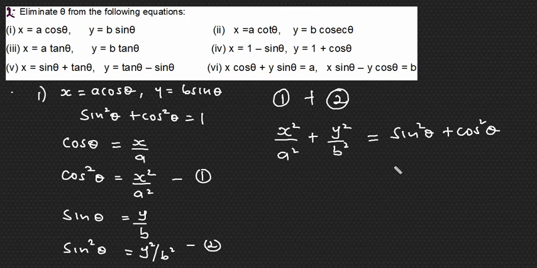But now this is 1, hence the equation without theta is x squared over a squared plus y squared over b squared equal to 1. So that is 1.